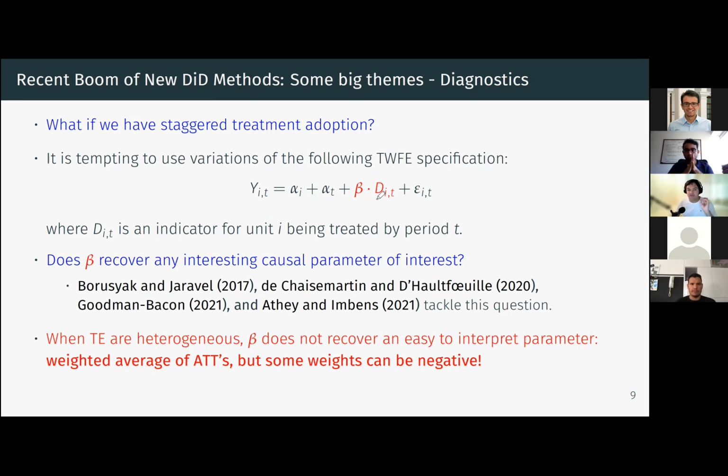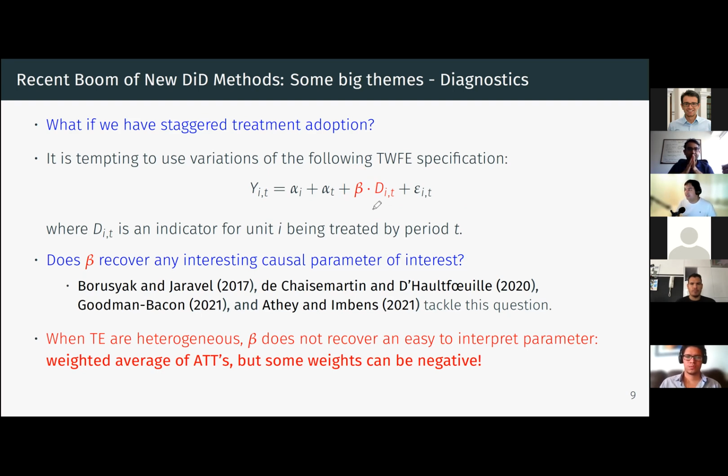So this can be very misleading for policy recommendations. Make sense? And this is what everybody talks about, the negative weights in the two-way fixed effects model, right? When people talk about the Bacon decomposition, they are talking about this specification, which is actually opening up beta in terms of building blocks.